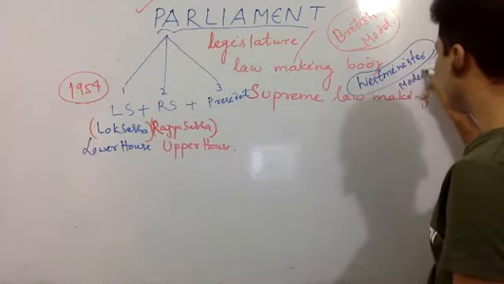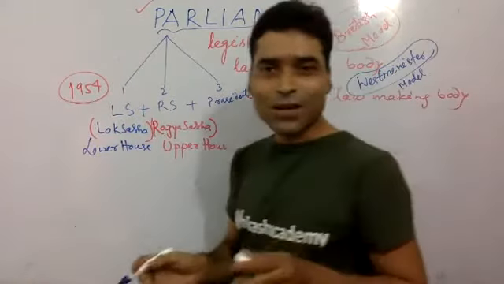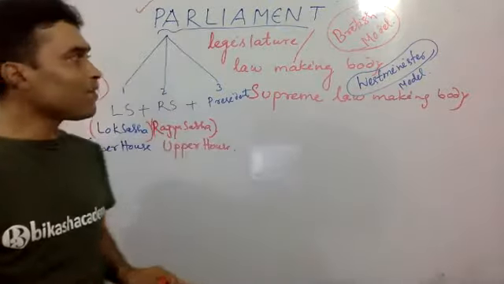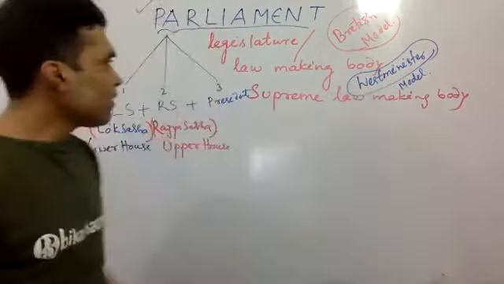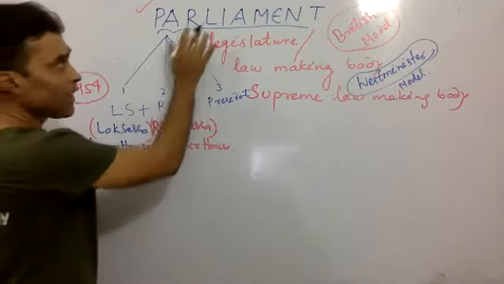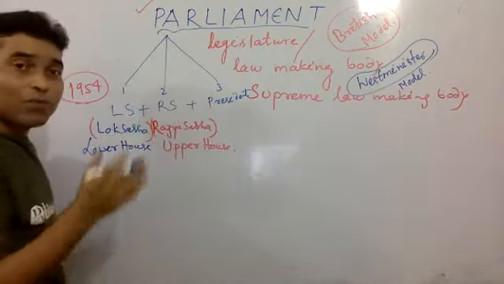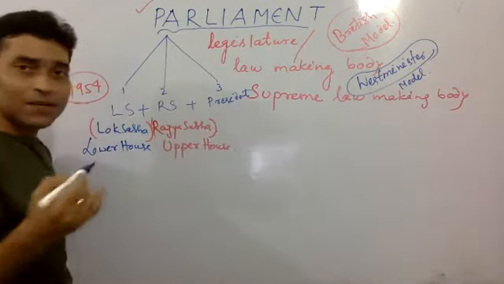Westminster is a place in London, so that's why the parliamentary form of government or parliament itself is known as Westminster. Anyway, this is the composition of parliament, how parliament is comprised: Lok Sabha, Rajya Sabha plus President.